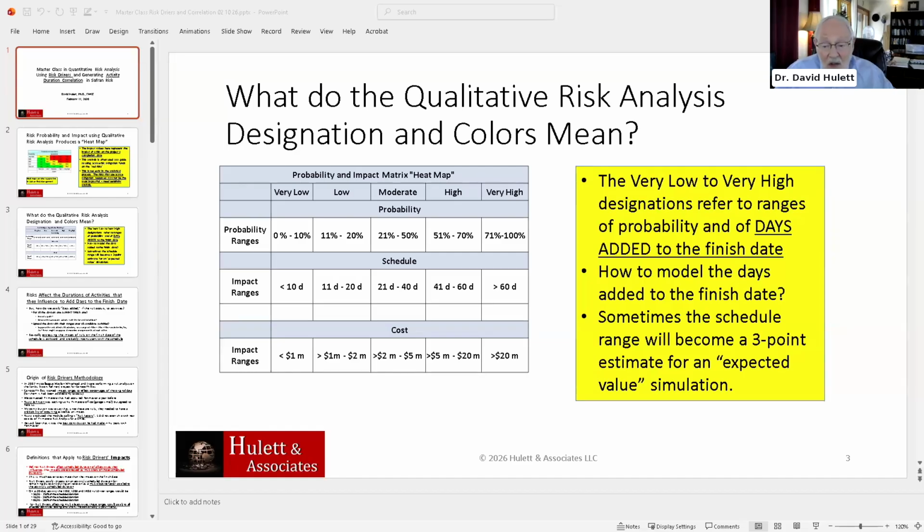By the way, this should be developed by the project manager who's responsible for not only managing the project, but communicating the project to other people. And he or she will have their own information and their own opinion for this particular project as to how many days they want to claim as being moderate or high or very high impact.